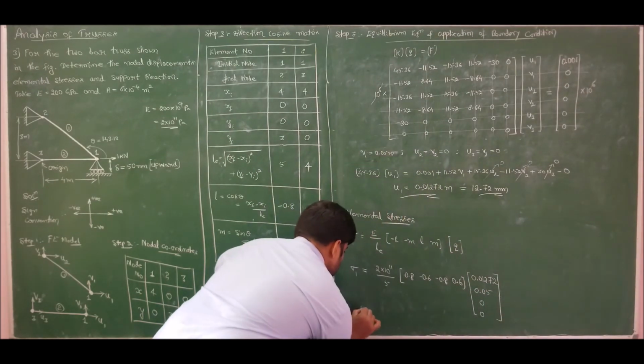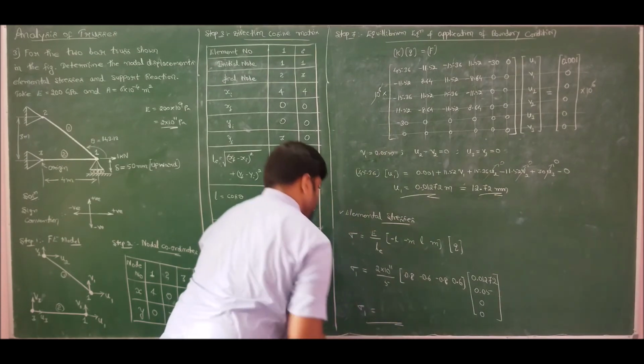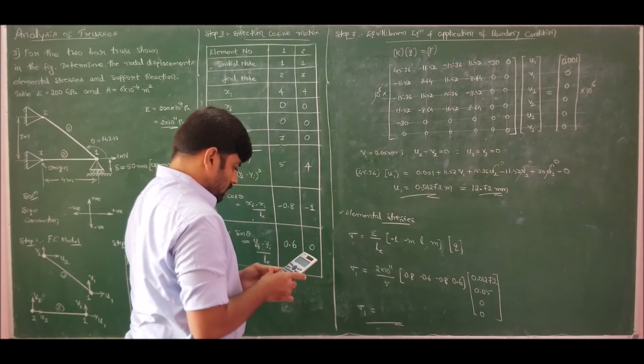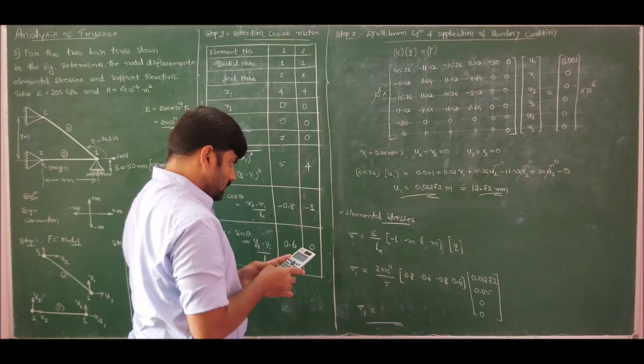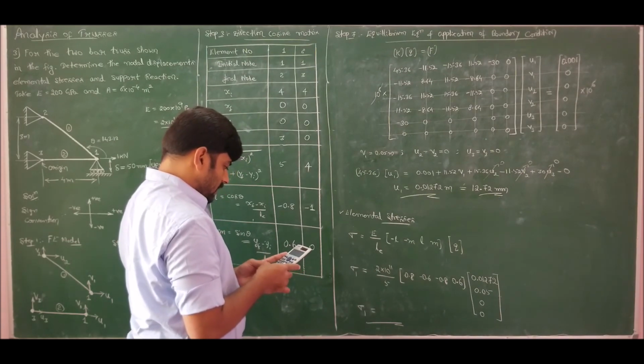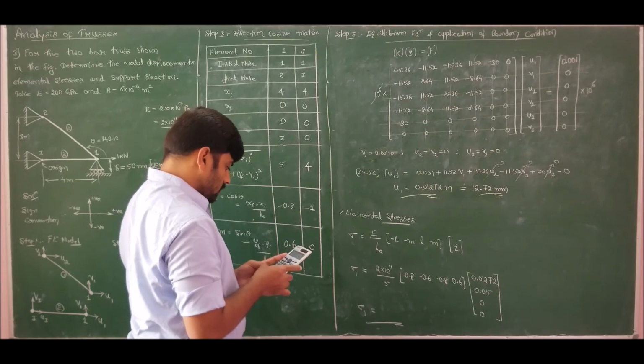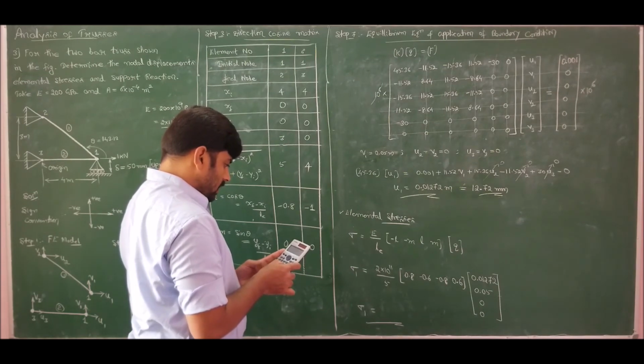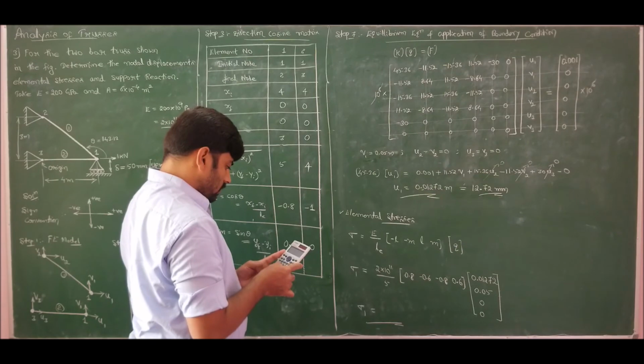So sigma 1 will be 0.8 into 0.01272 plus minus 0.6 into 0.05 plus 0 plus 0.